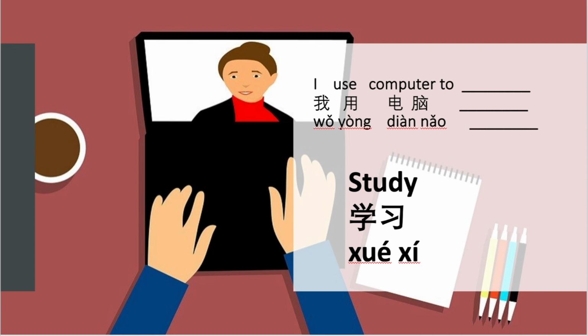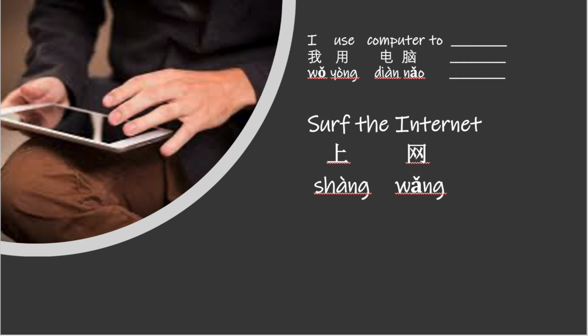我用电脑学习中文。The next task that we do using a computer is to surf the internet. To say surf the internet, it's 上网。上 literally means to log on. 网 means net. It literally means a net.